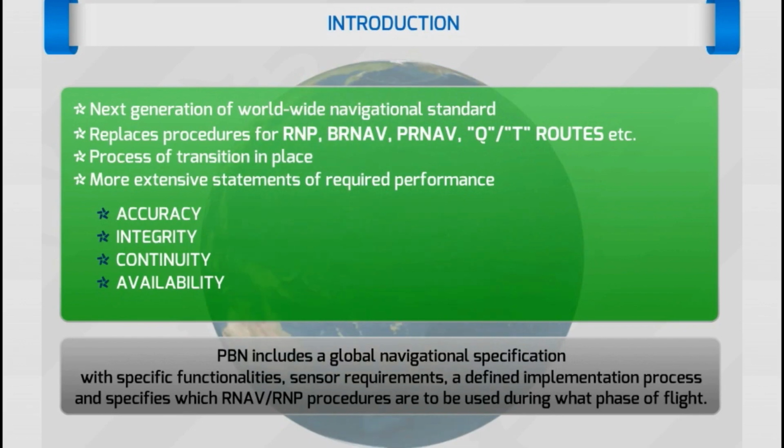PBN includes a global navigational specification with specific functionalities, sensor requirements, a defined implementation process, and specifies which RNAV, RNP procedures are to be used during what phase of flight.